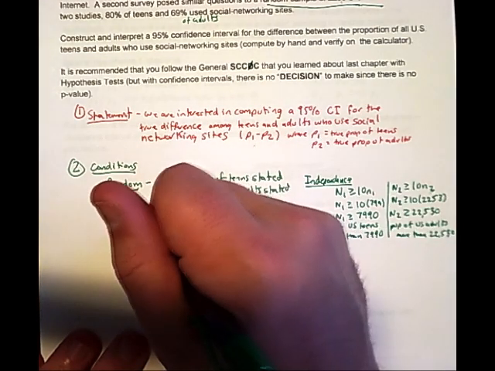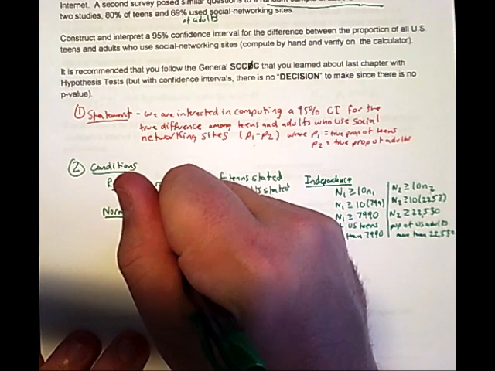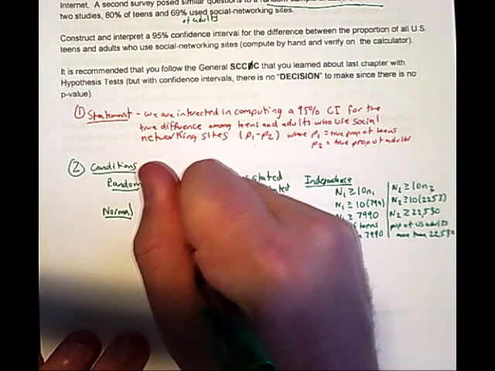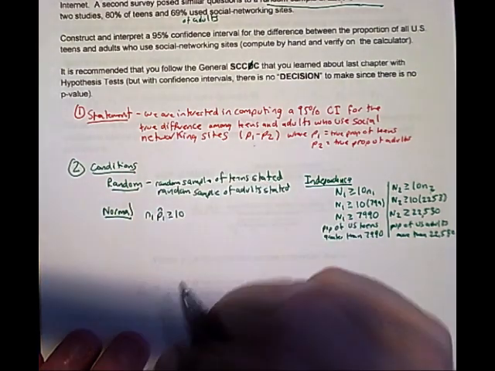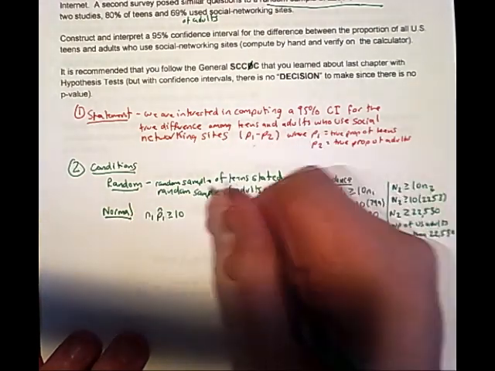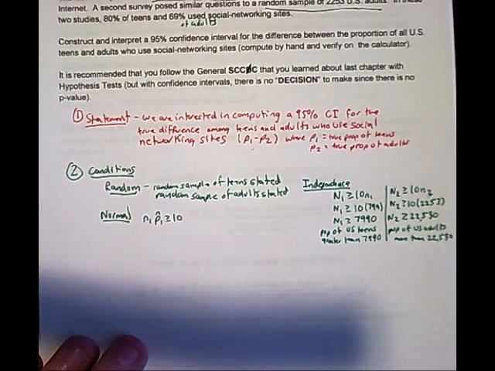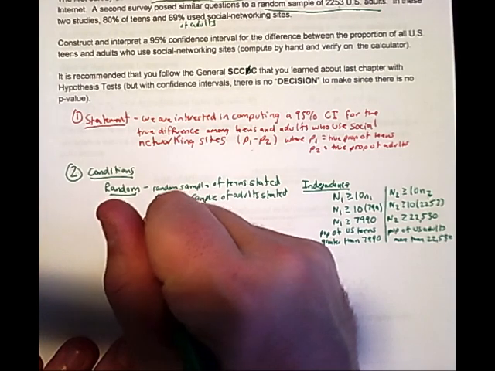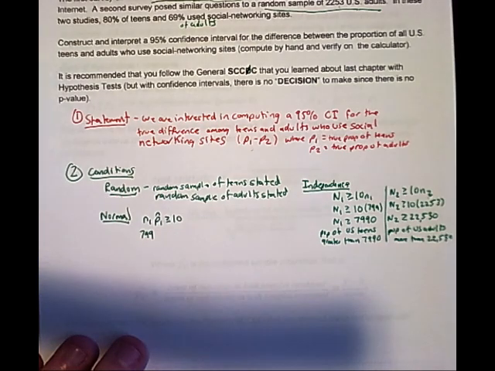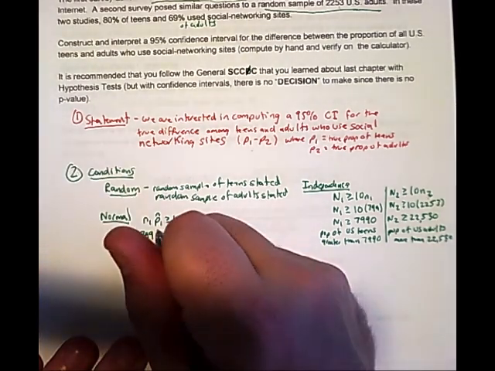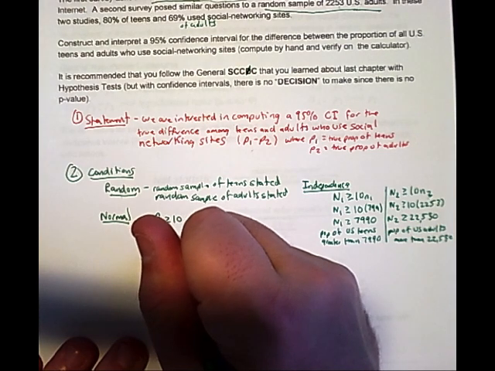So I need to make sure n1 times p hat 1 is greater than 10. So if I put those numbers in here, there were 799 teens, and the proportion that used them is 0.80. All right.